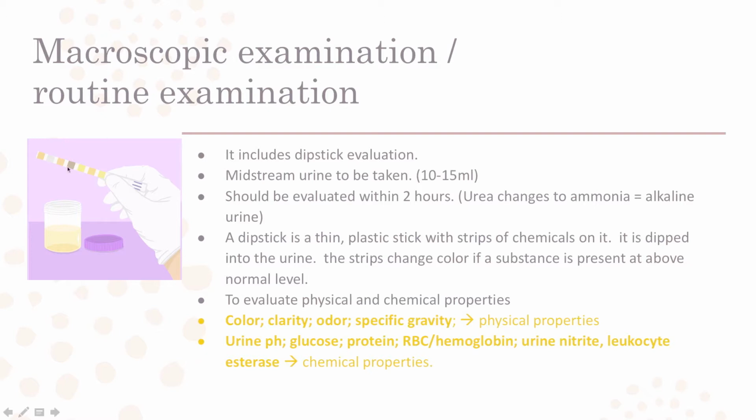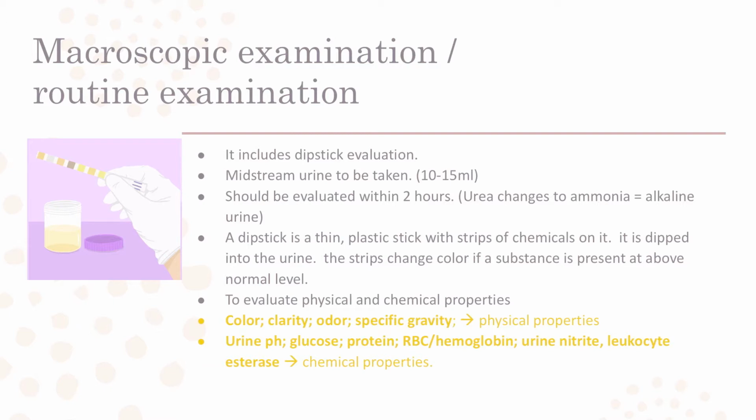So what is a dipstick? A dipstick is a thin plastic stick with strips of different chemicals marked over it. You can see here, this dipstick looks like this. It is dipped into the urine and this strip changes color, and based on the color we try to assess the presence or absence of the particular item which we are looking for.